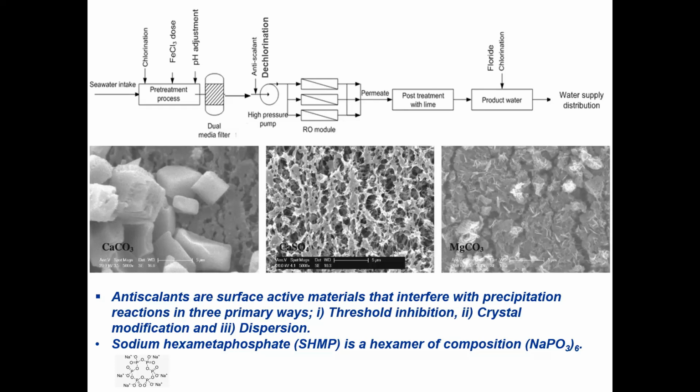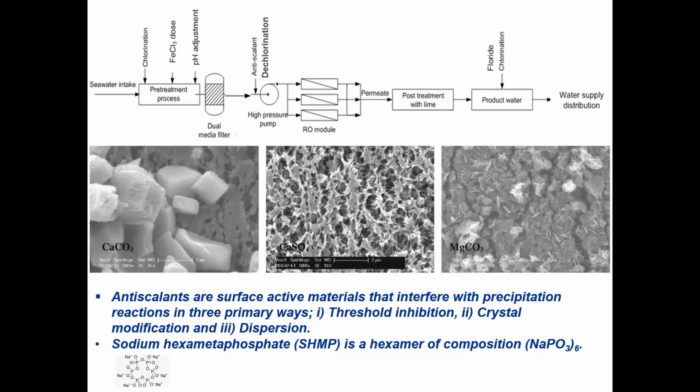So you can decide how much anti-scalant you add, and also how much water recovery, because the more you extract, the higher the concentration of calcium. Other compounds will create this kind of scaling. So this is calcium carbonate, covering the membrane surface.